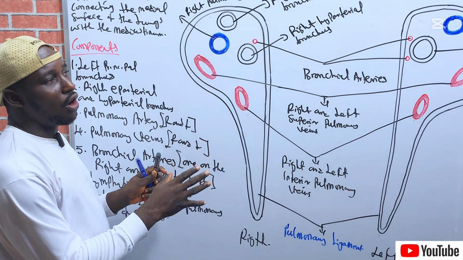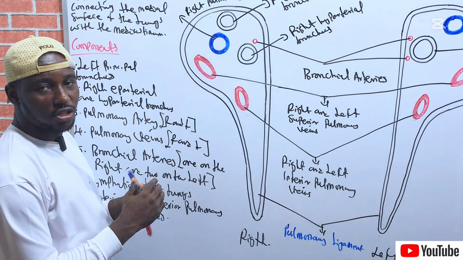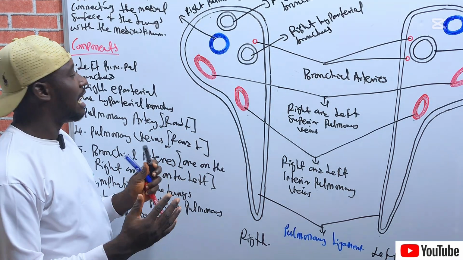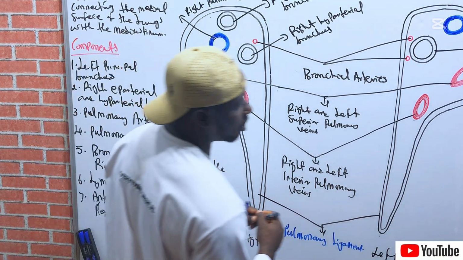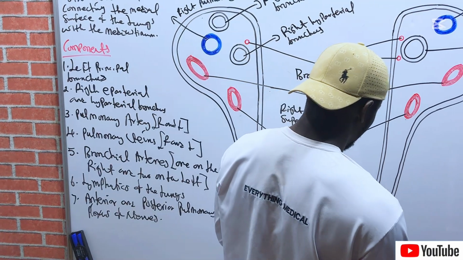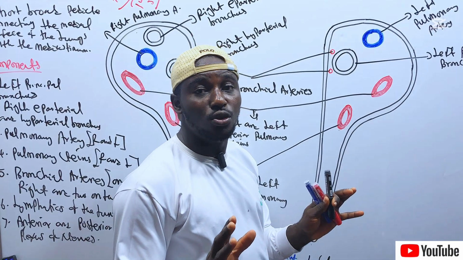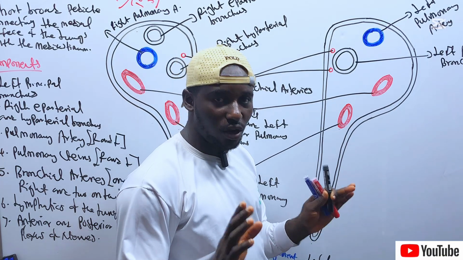Now, the next thing we shall be discussing is the division of the component of the root of the lung, because that is how it is being divided. Now watch. It is composed of two divisions. That is the root of the lungs.